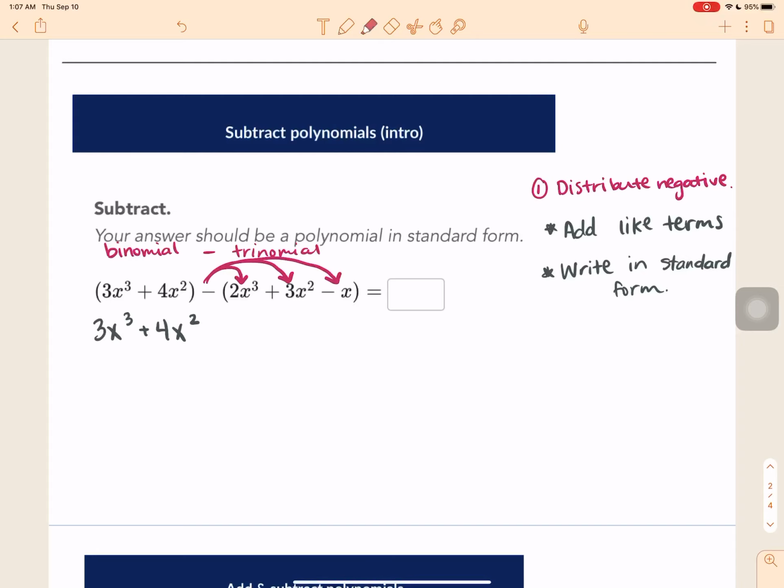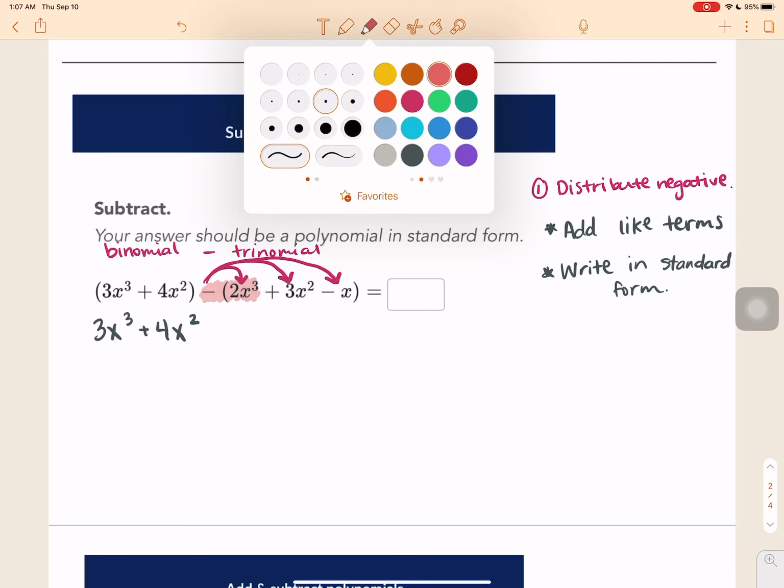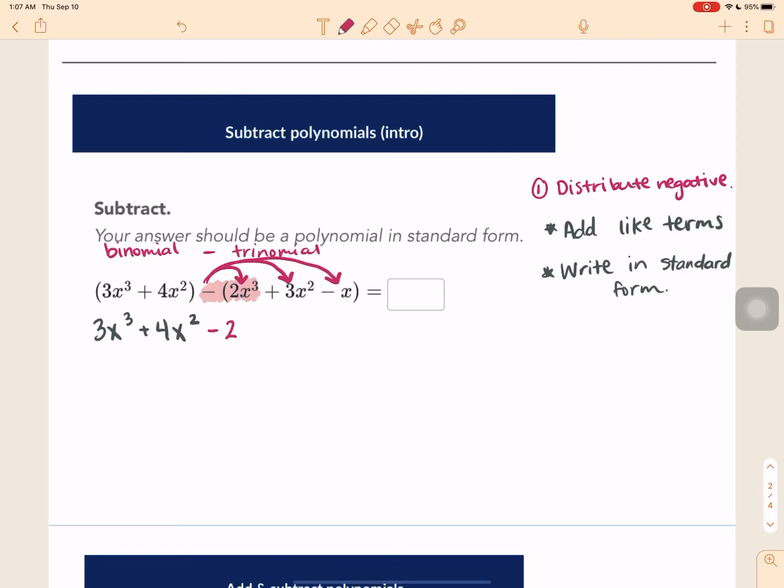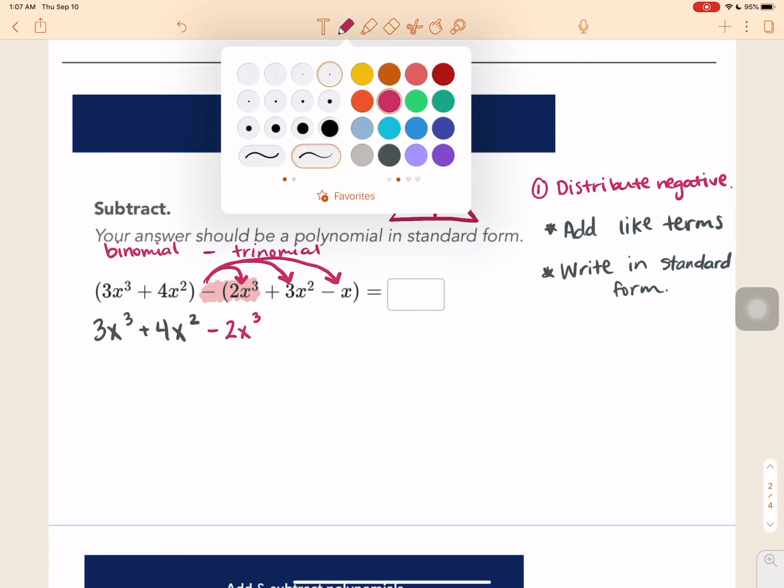Okay. But this one here, a negative times 2x cubed, will give us negative 2x cubed. Negative times a positive is a negative. If you forget about that, you can always draw this triangle to see what your sign would be if you multiply by certain things. So there I'm multiplying the negative times a positive.